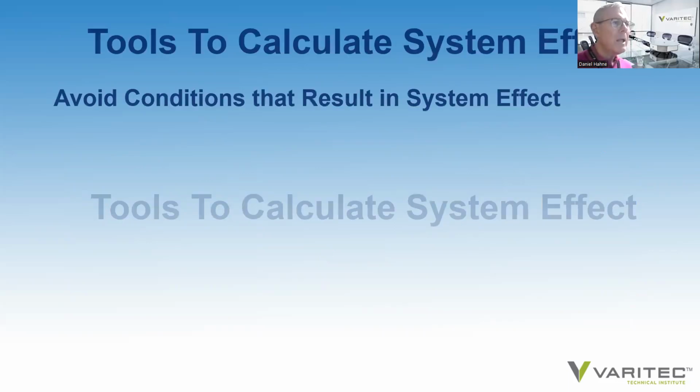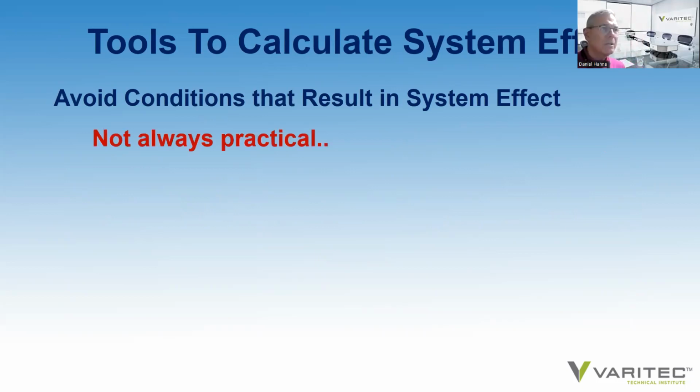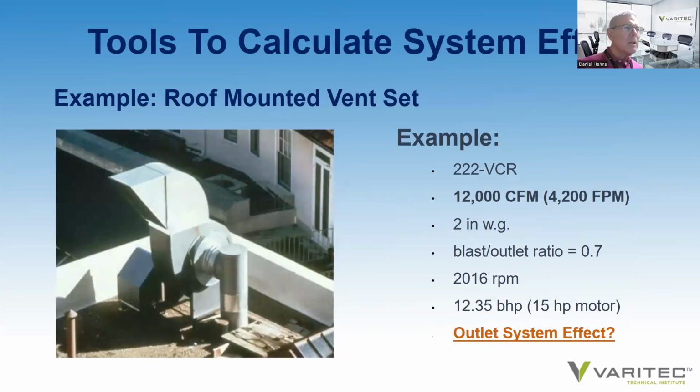How do we apply AMCA 201 to understand system effect? Well, to avoid conditions of system effect, it's just not always practical. So consequently, we want to go ahead and apply AMCA 201 and the 201 fan curves to assess what that effect might be. So let's look at an example.